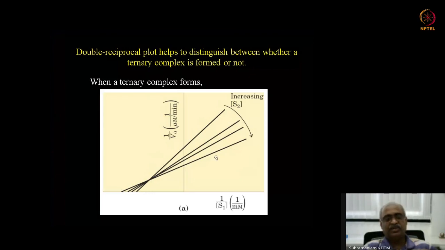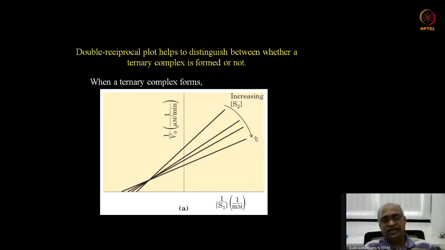The additional lines are because we have increased the substrate 2 concentration. So you take one particular concentration of substrate 2 and then vary substrate 1, and then you have one line. Then you increase the substrate 2 concentration, then you have the second one, and so on. Each of these lines corresponds to one particular concentration of the substrate.